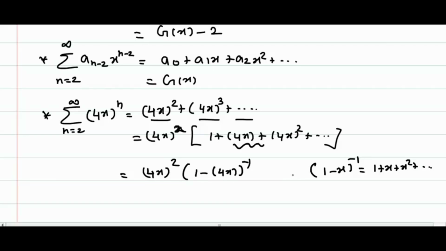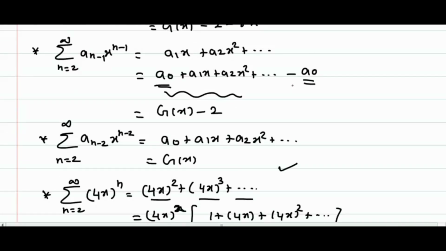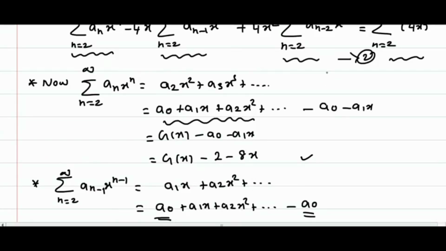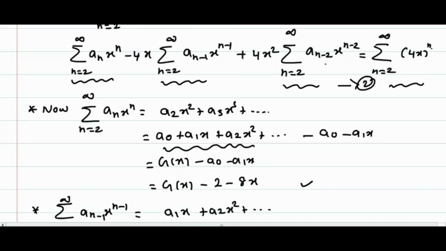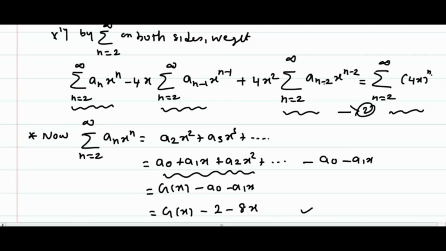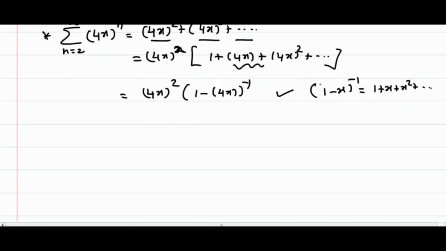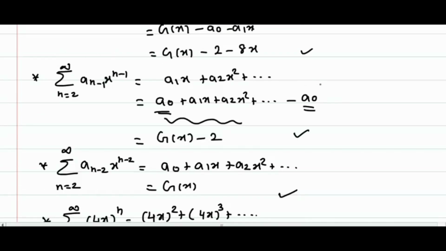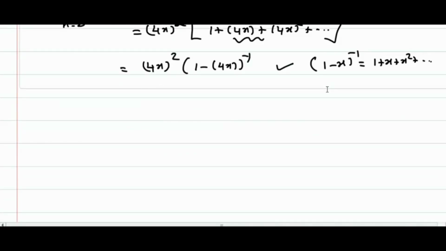Okay, so now we substitute this value, and the second one, and finally we substitute the third value and fourth value in equation number 2. If we substitute all values in equation number 2, we get g of x minus 2 minus 8x. Okay, this is the first term.